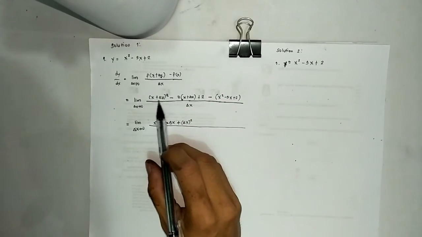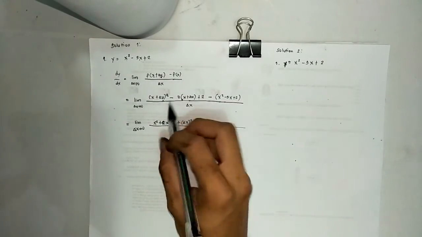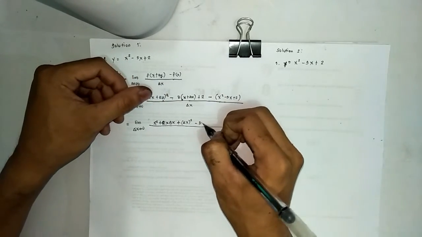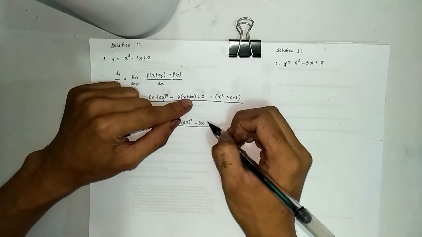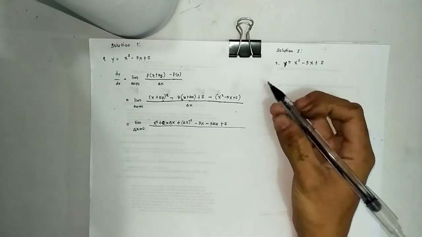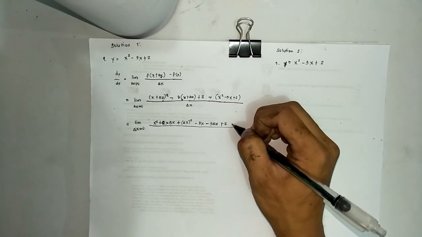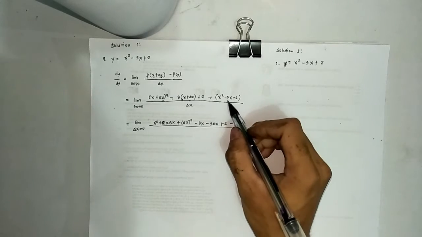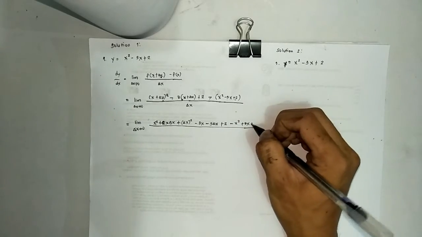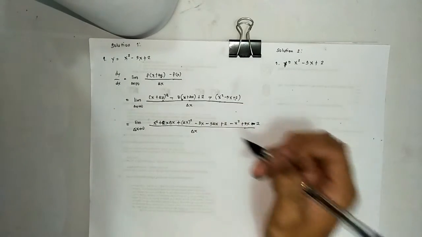So yan ay yung expanded form ng x plus change x quantity squared. Minus negative 3 times x, that is negative 3x. Then negative 3 times change x, that is negative 3 change x. Then plus 2. Then next, negative x squared. Negative times x squared, that is negative x squared. Negative times 3x, that is positive 3x. Negative times positive 2, that is negative 2. Next, all over change x.